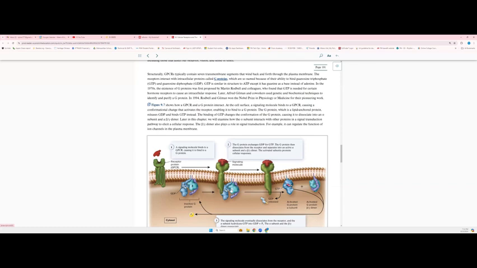They used to be bound, and because this GTP inserts inside of the G protein, these will dissociate. They used to be three units, right? And then these three units were bound to this GPCR.